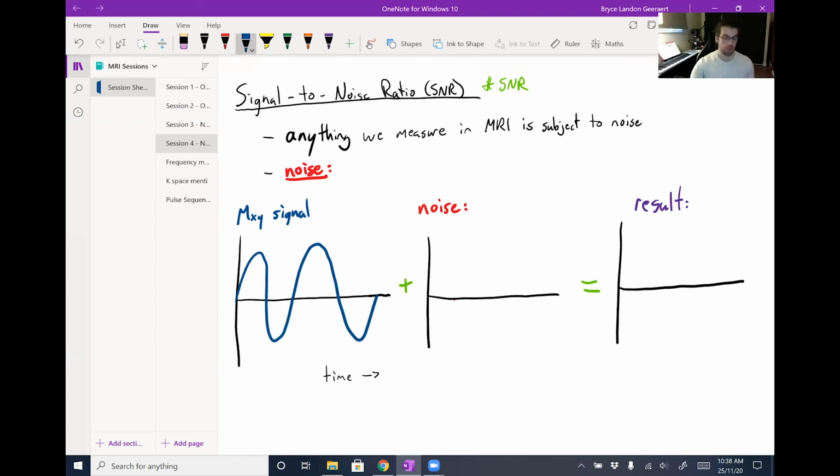So we have the signal. That's the precession of the NMV.